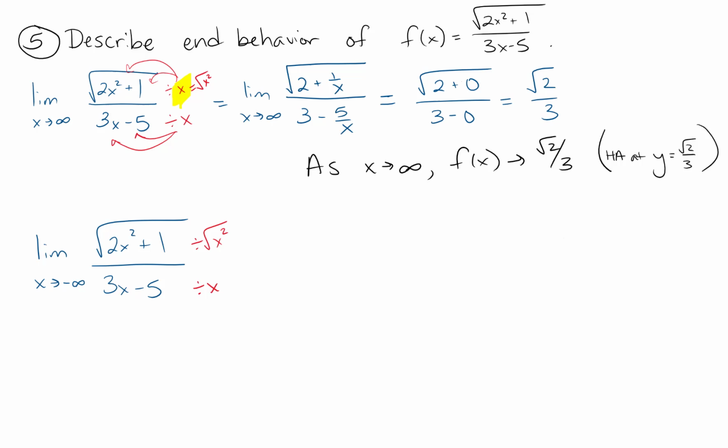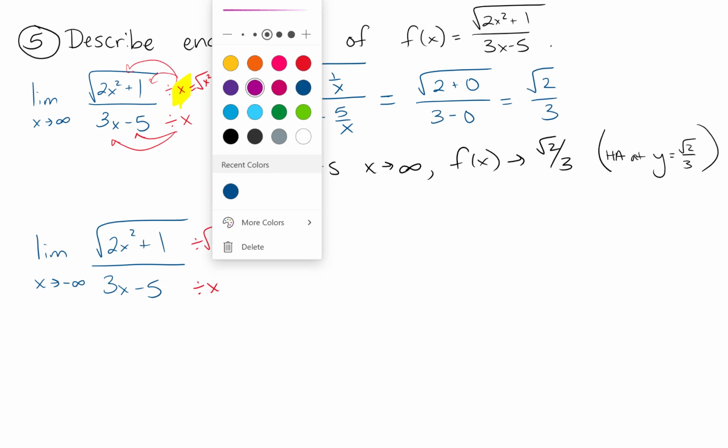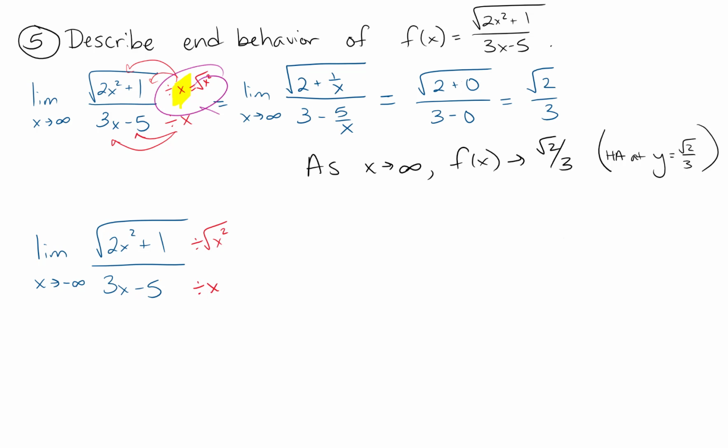However, I wasn't 100% correct earlier when I said that the square root of x squared simplifies as x. Because really, if x is a negative number, let's say I was looking at the square root of negative 5 squared, for example, that doesn't equal negative 5.